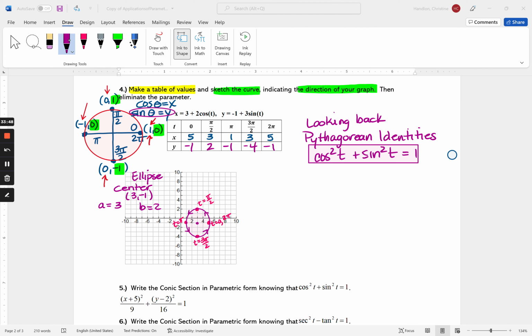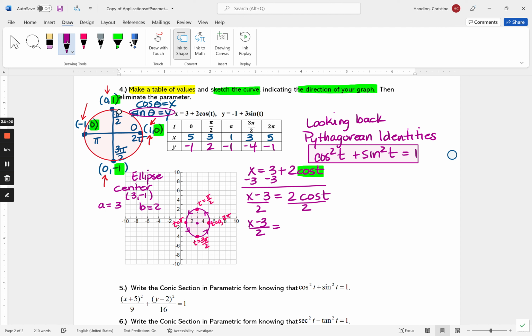In our first equation, we had x equals 3 plus 2 cosine of t. To solve for cosine, I need to get rid of the 3 and the 2. So let's subtract 3 on both sides first. That leaves me with x minus 3 equals 2 times the cosine of t. Now I need to divide both sides by 2. And once I do that, my cosine t is all isolated.